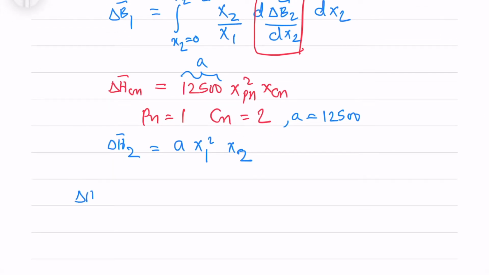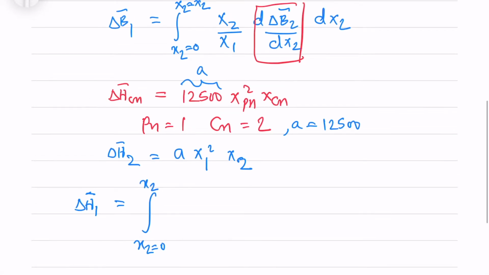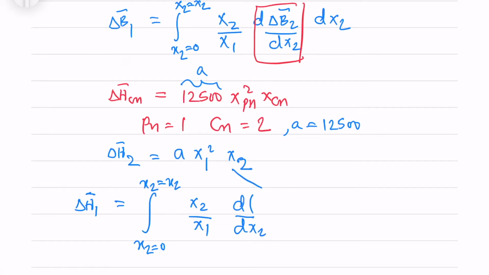Now we need to get the partial molar property of the first one. That is nothing but the integration from 0 to x2, then we divide by x2 by x1. We differentiate this, putting the term A x1 squared x2 into dx2.